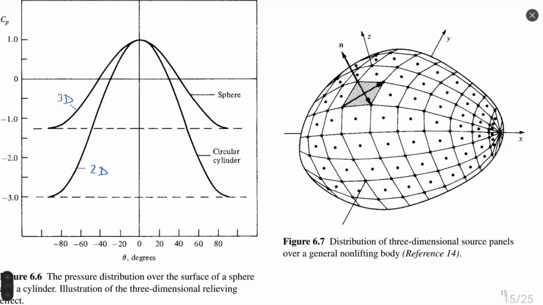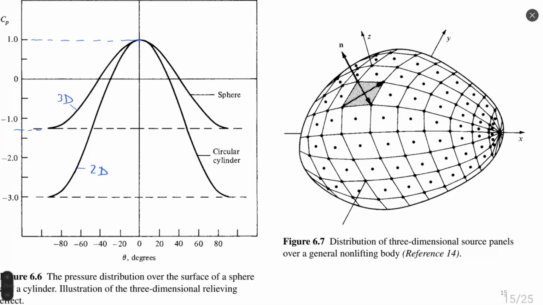And we see that the maximum is the same for both. Maximum CP is equal to 1, as we just saw on the formula from the previous slide. And the minimum for the sphere is minus 1.25 analytically, and for the cylinder, the minimum is minus 3.